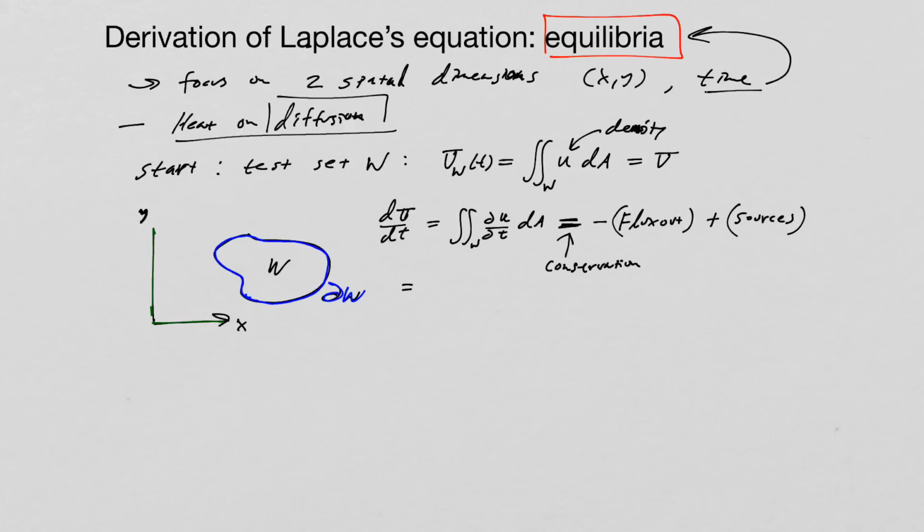Typically, we talk about the flux out. We're going to be talking about some normal vector, and I'll draw a few of these normal vectors hanging around our boundary of W. In which case this is actually negative the integral on the boundary of W of the flux rule dotted with n ds, where ds is a small length segment on the boundary.